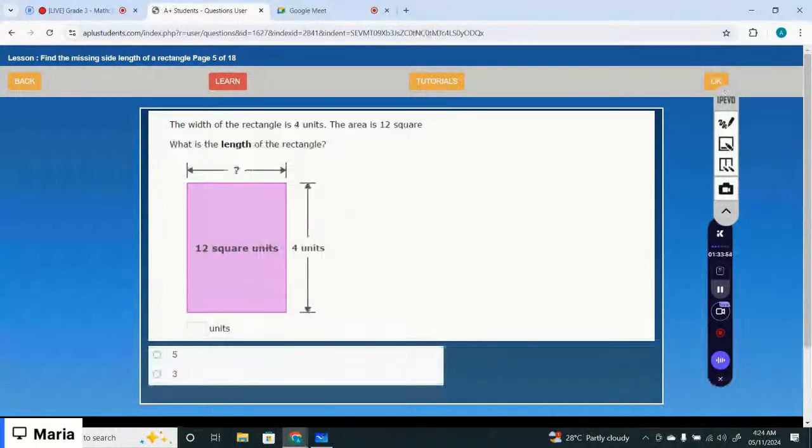The width of the rectangle is 4 units. The area is 12 square units. What is the length of the rectangle?